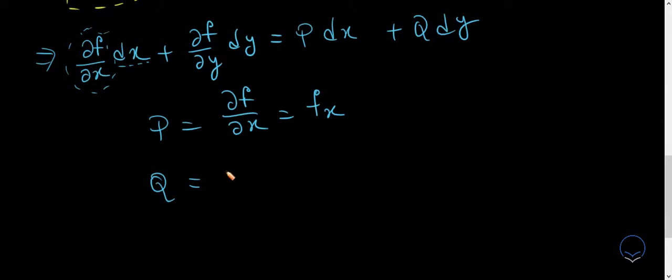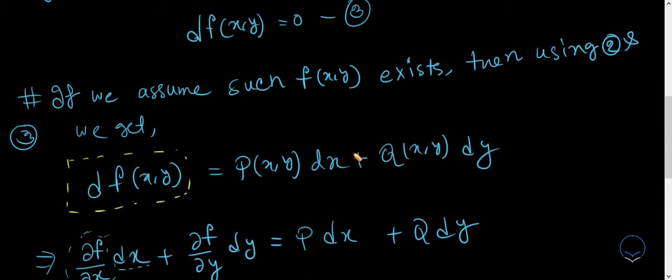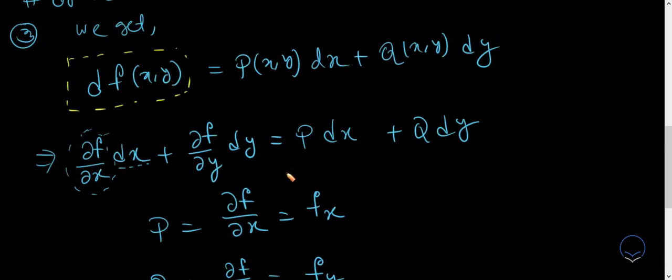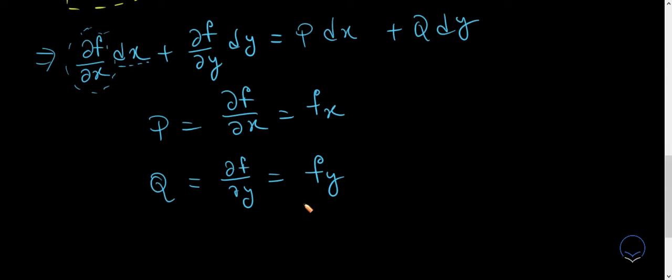Similarly q will be partial f partial y, and you can write it as f subscript y. Now since this is an exact differential, that is the function it satisfies equation 3, and it's a function of two variables x and y.